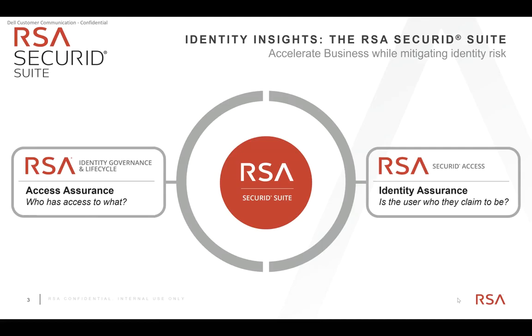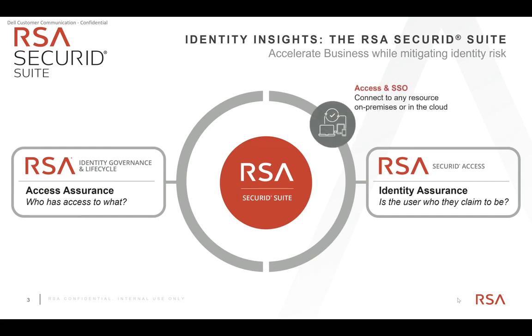Who is this user, and does this user have the right identity to access this application? Is the user who they claim to be? Is this user really the owner of this identity? So we verify the user identity by authentication and different types of authenticators. And also we provide single sign-on in SECURID Access.